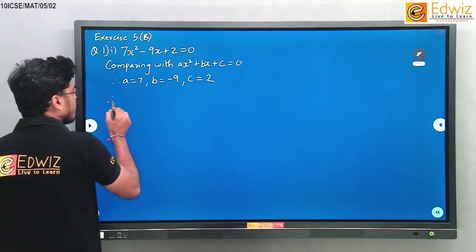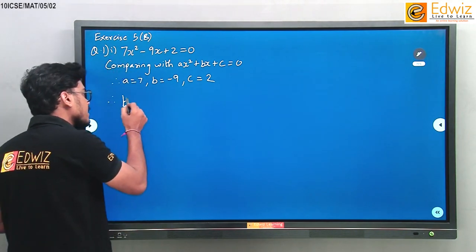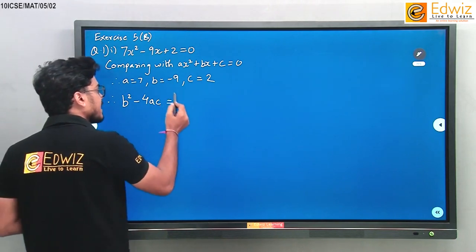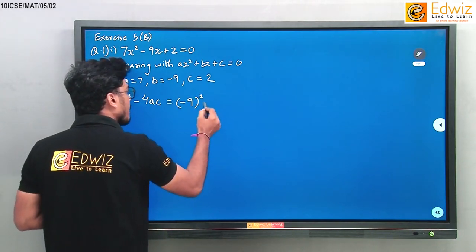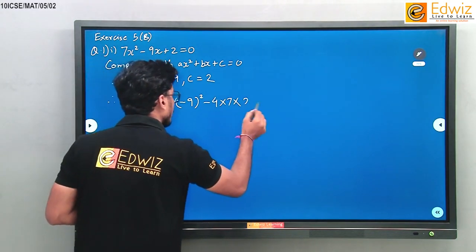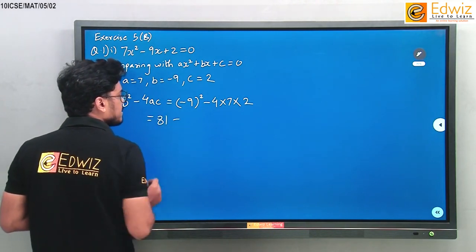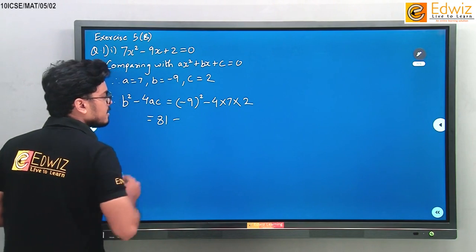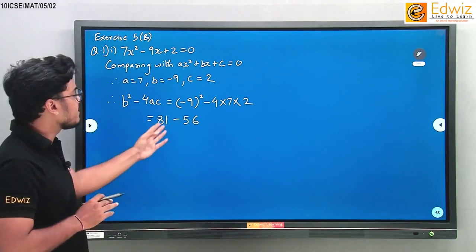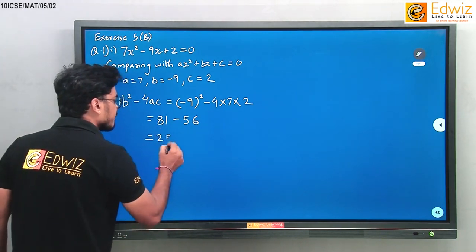Okay, therefore, to tell the nature of the roots we have to find b square minus 4ac. This will be equal to b square is minus 9 square minus 4 into 7 into c is 2. Correct? इसको जब सॉल्व करेंगे we will get 81 minus 4 7s are 28, 28 into 2 is 56. Correct? So 81 minus 56, if we subtract this we will get 25.